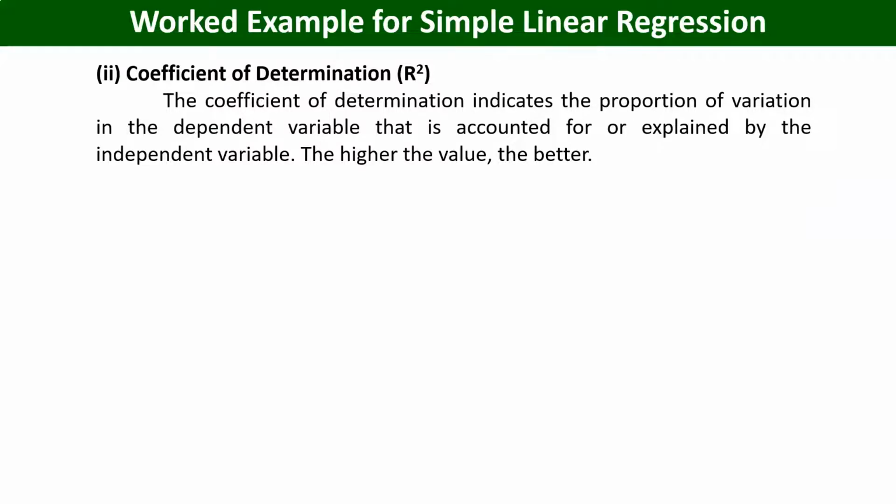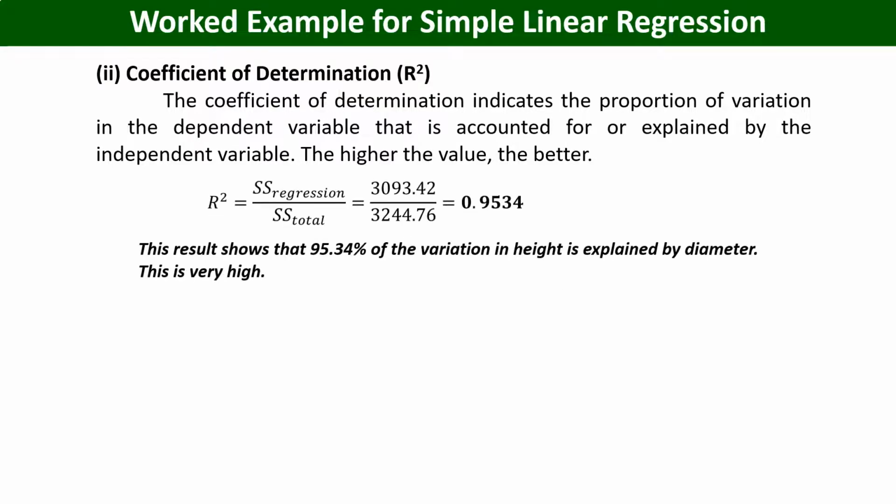The coefficient of determination indicates the proportion of variation in the dependent variable that is accounted for or explained by the independent variable. And usually the higher the value of the coefficient of determination, the better. In other words, if you are comparing two equations, the one with higher R square would be preferred.